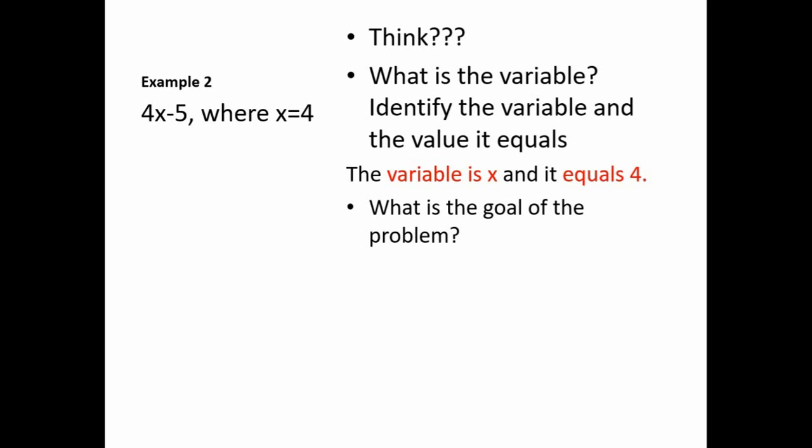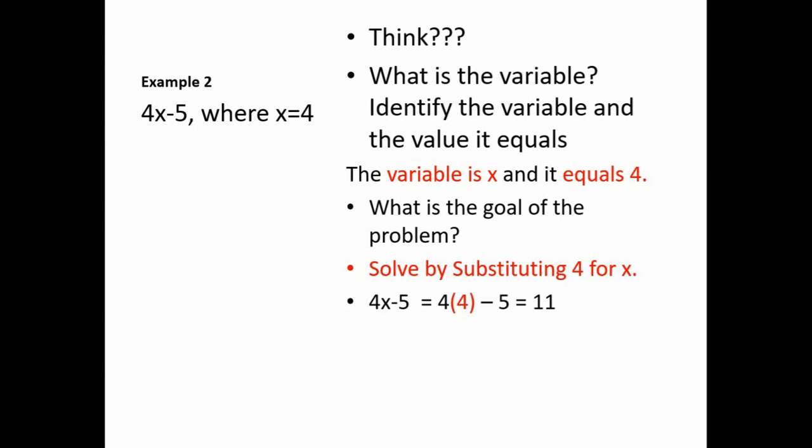So we need to solve by substituting or replacing the x, and we need to replace it by putting a 4 in there. And so we have 4x minus 5. So 4 times 4 minus 5, and 4 times 4 is 16, minus 5 is equal to 11. And 11 is our answer.